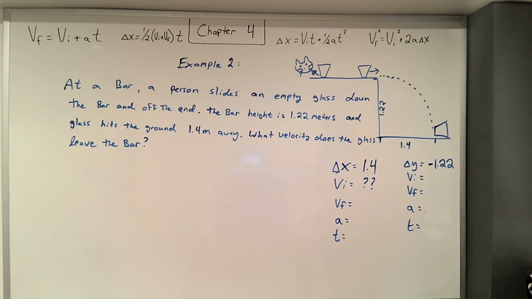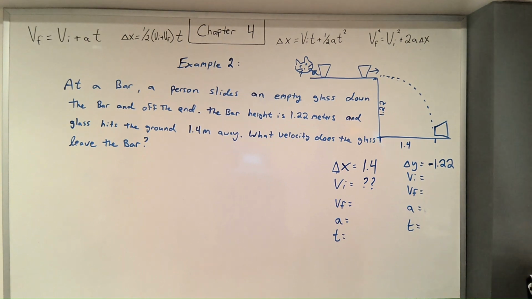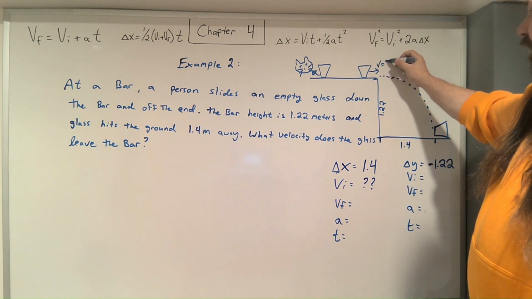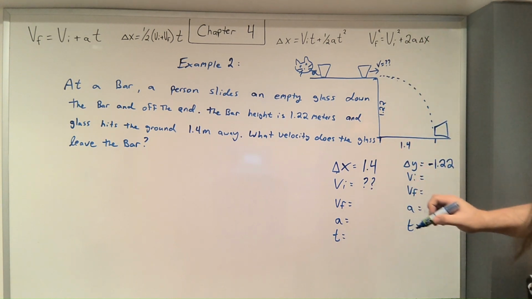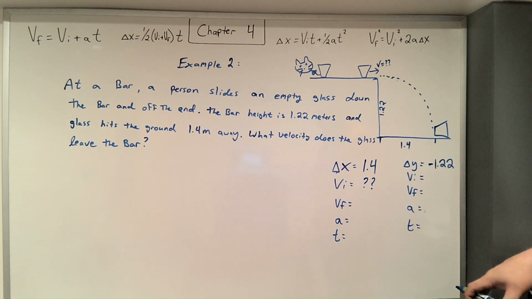Do I know that? Well, if the bar is horizontal, nothing pushed the glass down. It simply slid off the end of the bar. So what direction was the velocity traveling in? Velocity was 100% in the x direction only.